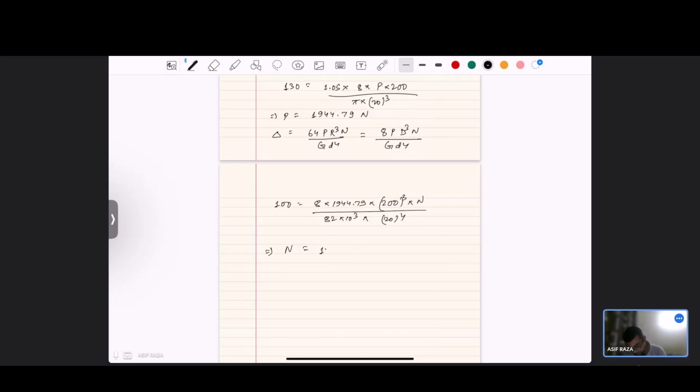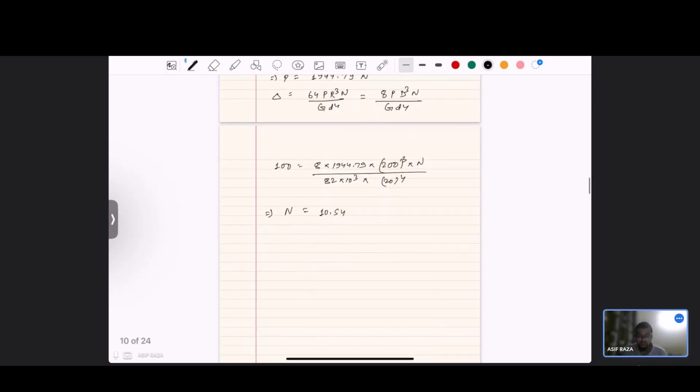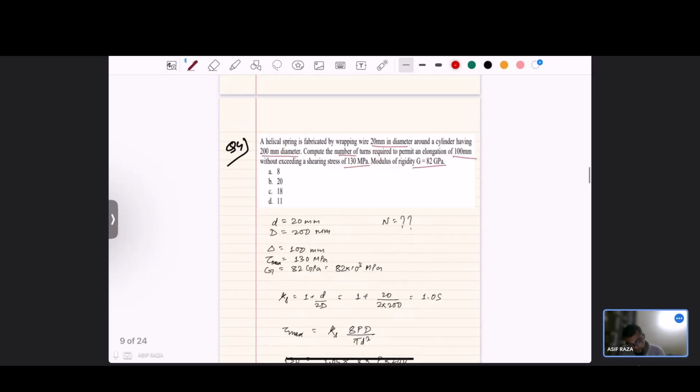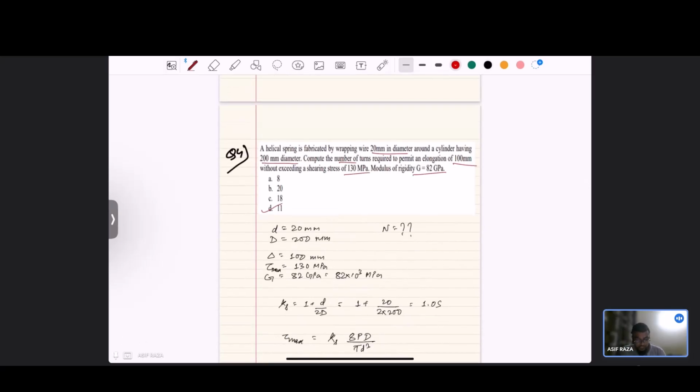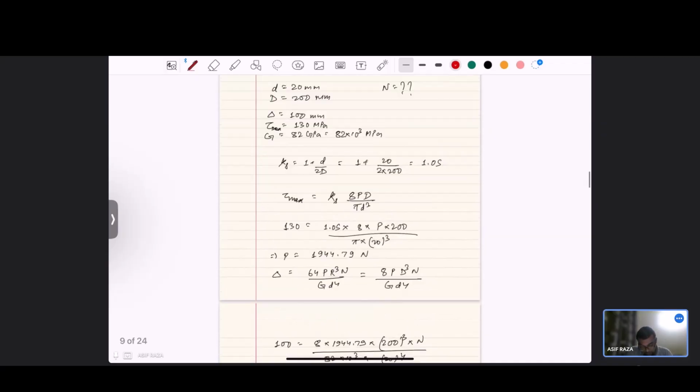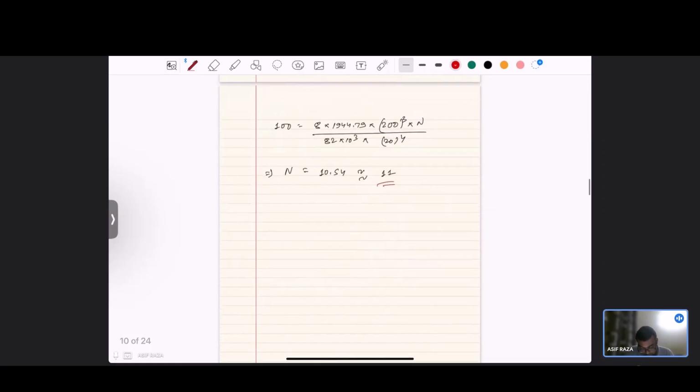This comes around 10.54. So roughly we can say it's equal to 11. The correct answer is option D, 11. Yeah. Moving on to the next question.